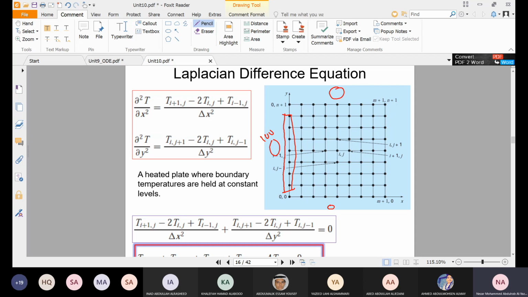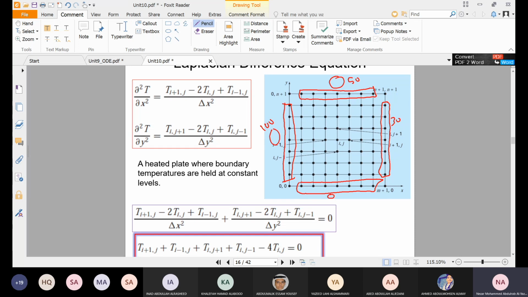If this is 0, all these nodes are 0. If this is 30, all these nodes will be 30. If this is 50, all these nodes will be 50. So the corner is not defined because here we have 50 and here we have 100. So it will not be included in the calculation. We don't need it in the equation for this node.